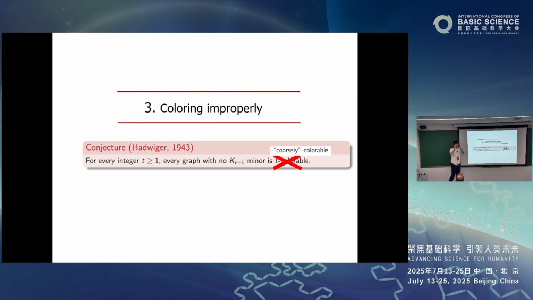So what does it mean? It means that the blobs of color don't propagate too much, right? They are of bounded size. So we just want the components of every color class to be of bounded size, and that's what we take as a definition.